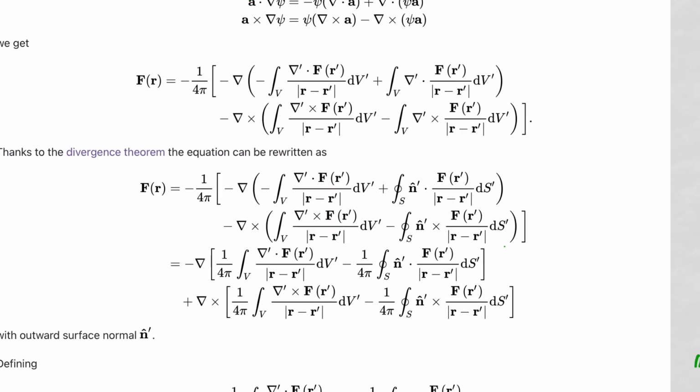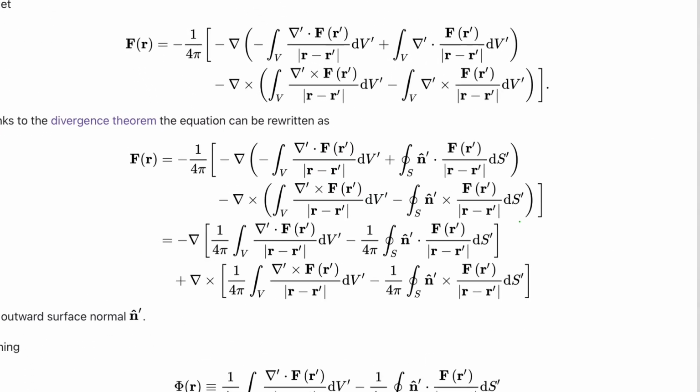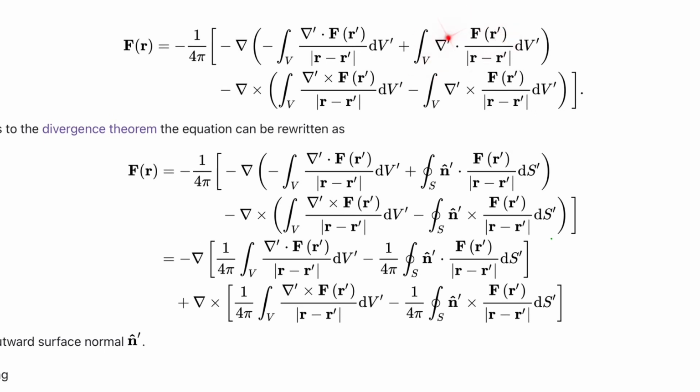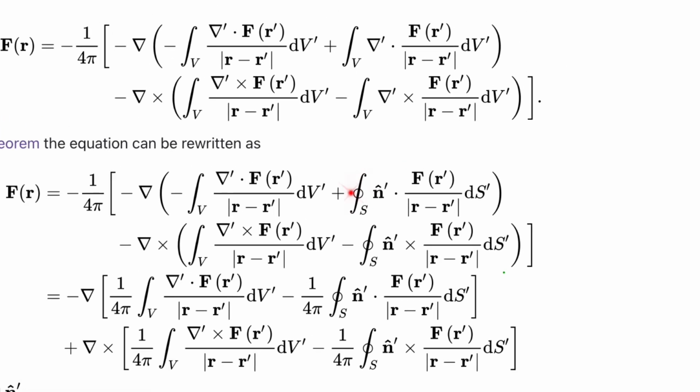So now we're going to use that integral sign, and we've done all that in order to exploit the divergence theorem for this integral, and an alternative version of the divergence theorem that I was less familiar with for this integral. So we know that the integral over the volume of a divergence is the integral over a closed surface of the vector field dotted into the normal of the surface.